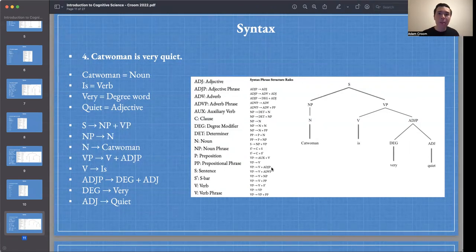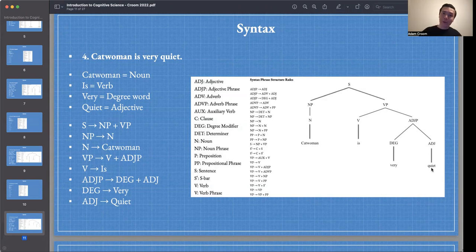The verb in this case is is. And then the adjective phrase takes a degree word and an adjective, and we see that that rule is provided right here. The degree word in this case is very, and the adjective is quiet. And boom, now we have the tree structure for Catwoman is very quiet. And now that we've acquired this skeletal structure, we can understand and cognize other similar structures.